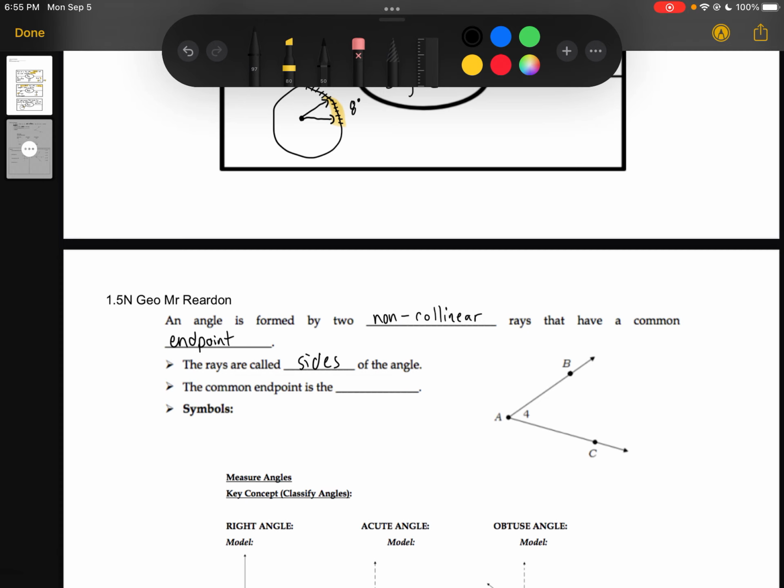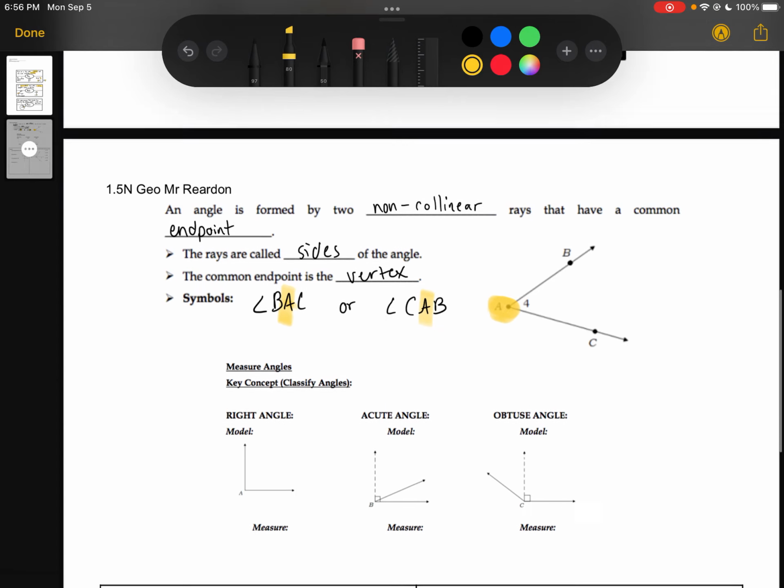The rays are called the sides of the angle, and the common endpoint is called the vertex. The symbols that we can use to label angles are like so. We use all 3 letters. And the key is that our common endpoint must be the middle letter when we are naming this.